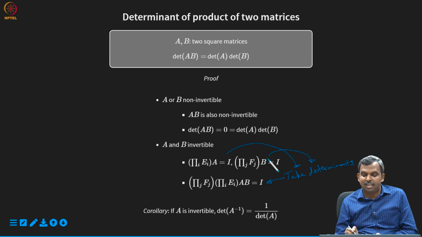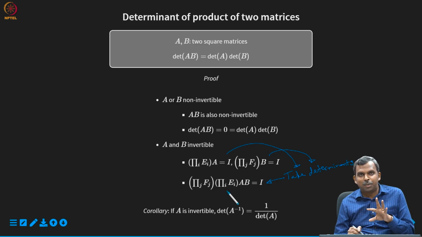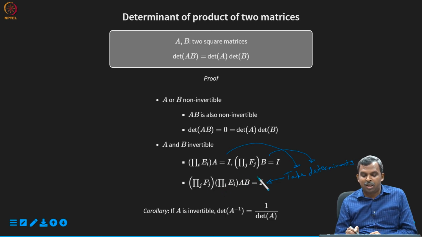So it's quite an easy result that you can quickly do. You simply take determinants on both sides. Because these are all elementary row operators, we know you can take the determinant inside, and then you will get that the determinant of AB is the determinant of A times the determinant of B. I'm not writing down the full steps here. This is the crucial idea. Once you do this, you're done.